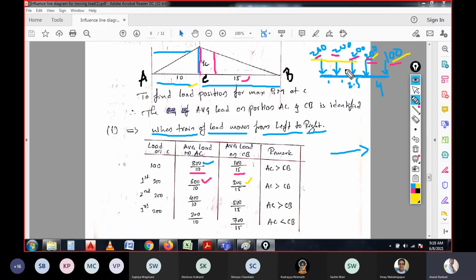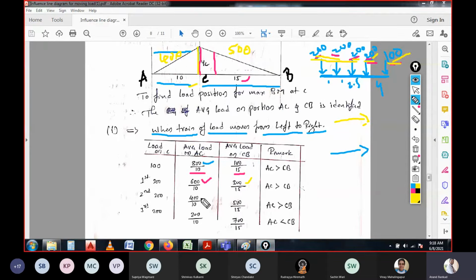So again the total series of loads is moved to the right, to have the second 200 kilonewton on the section C. At that time, 200 plus 200 is 400, plus 100, total 500 kilonewton of load will be on the span of BC, and the remaining 400 kilonewton load will be on the span of AC.